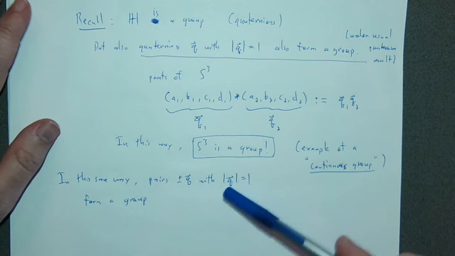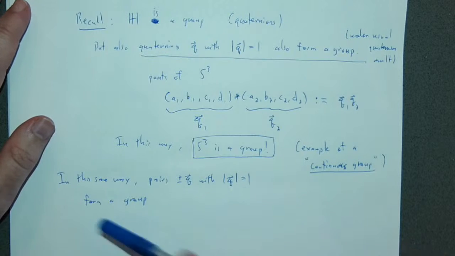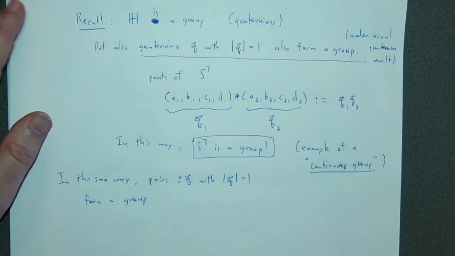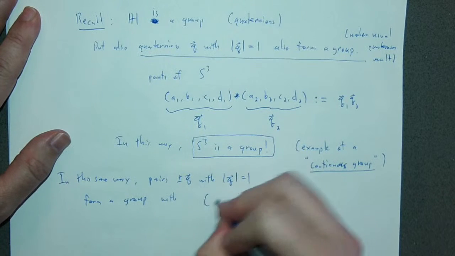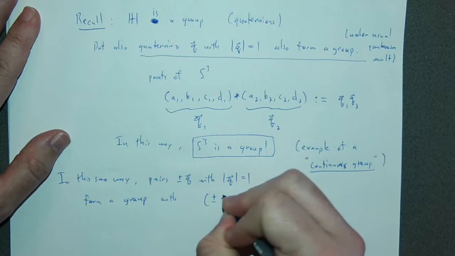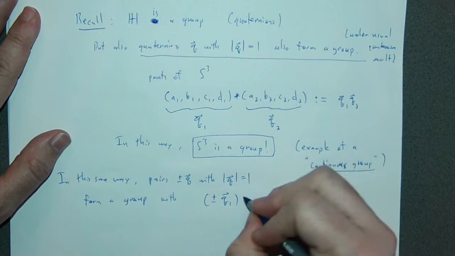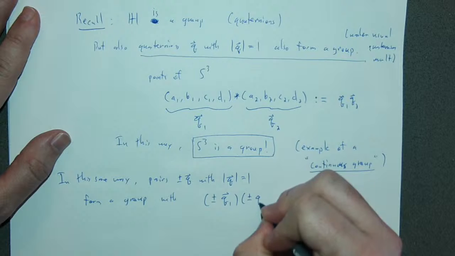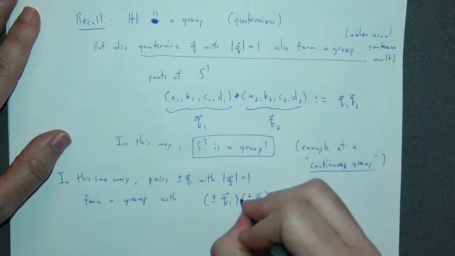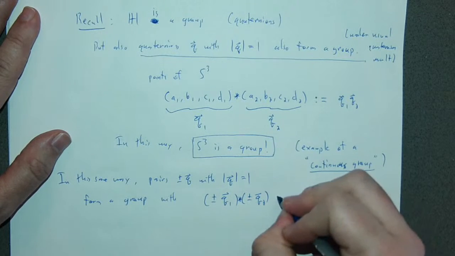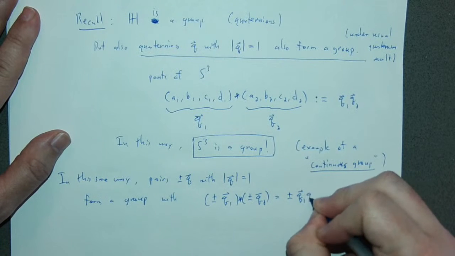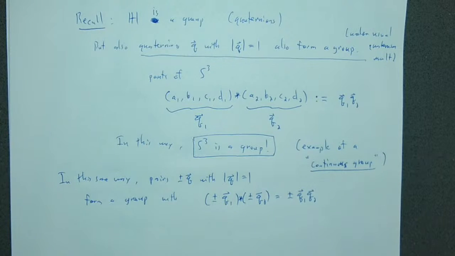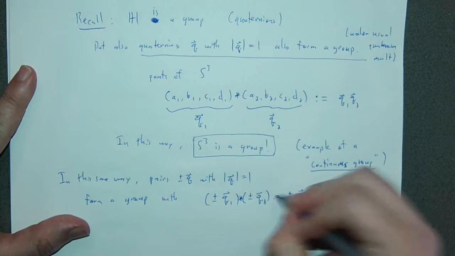But in this way, the pairs plus minus q with absolute value of q equals 1 form a group with product. We have to define this on pairs now. So a pair plus minus q1 times plus minus q2, this product is defined to be plus minus the usual product. Okay, and so it goes to a pair of products, but that's how we define this product.